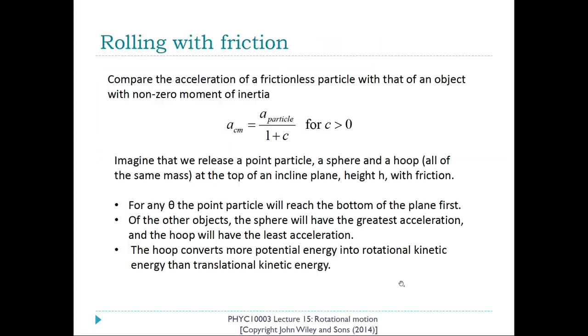So you're going to see how that's going to change. The hoop converts more potential energy into rotational kinetic energy than into translational energy. So, again, you can go back, put the numbers in for these values, and you can see why that's the case.